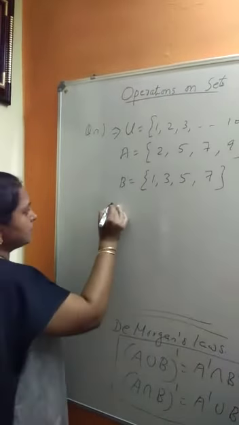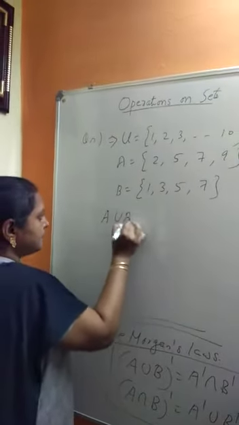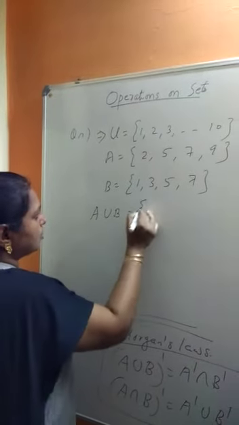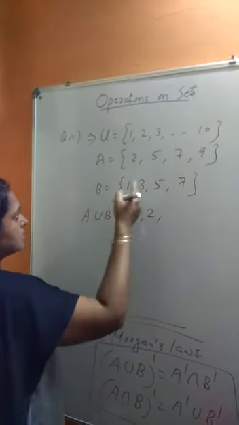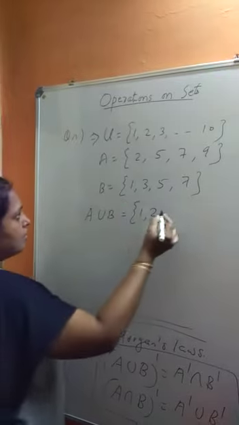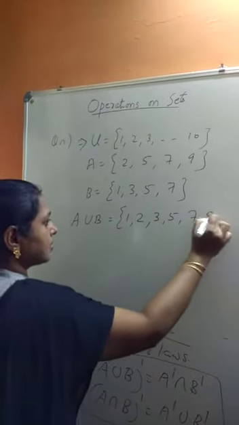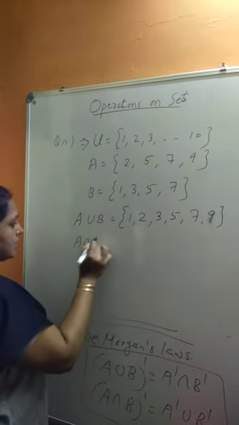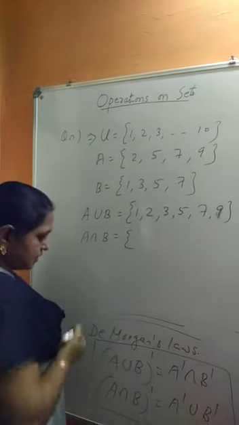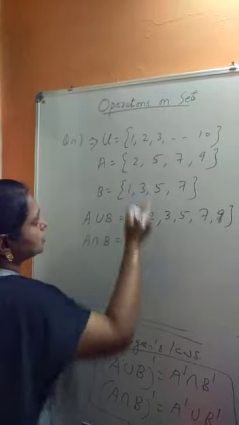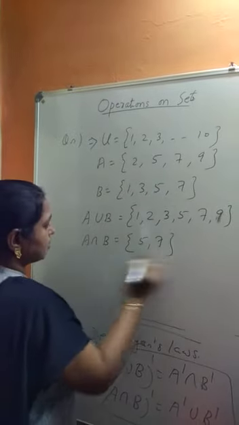First we find what is A union B. A union B is equal to, we have to form a set where the elements of either A or B are coming. So this is A union B. Then we have to find what is A intersection B. A intersection B is equal to, we have to choose the common elements. 5 and 7 are the common elements.